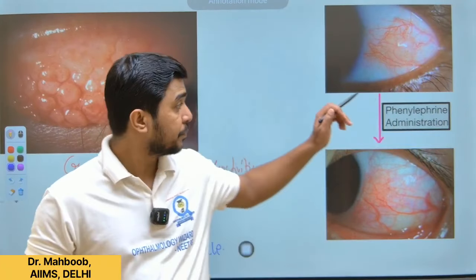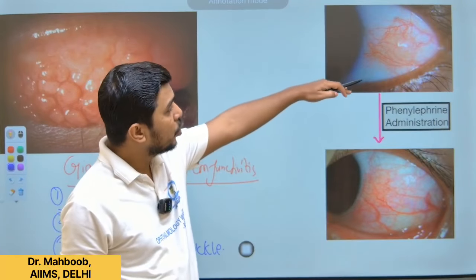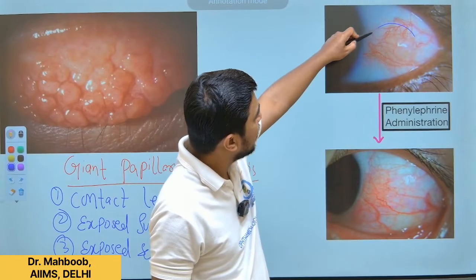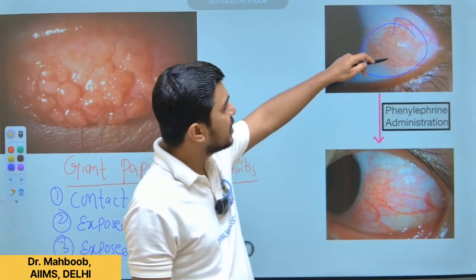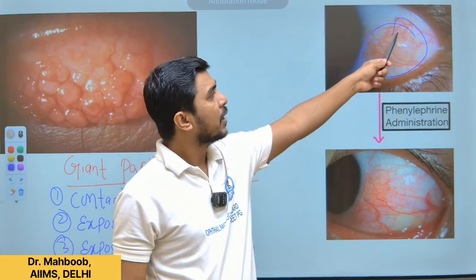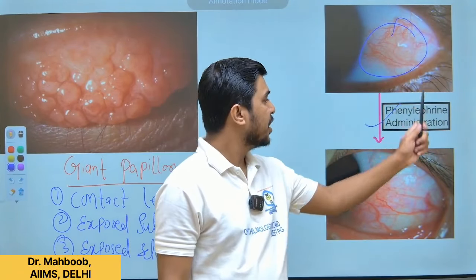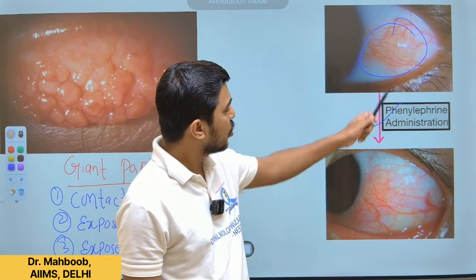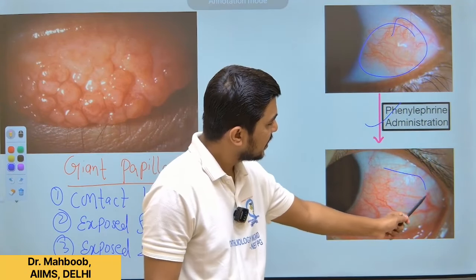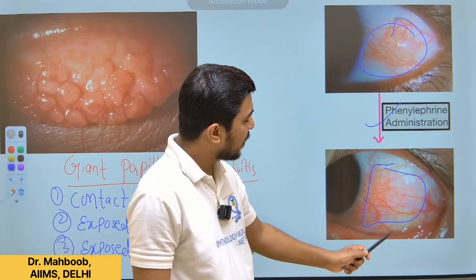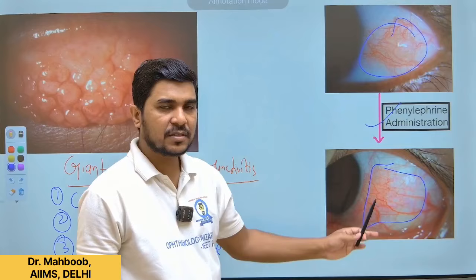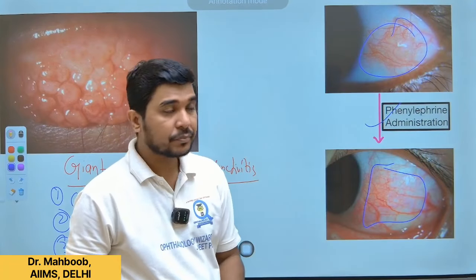Coming to this, I'm telling you that this is a nodular lesion with engorged blood vessels. Phenylephrine is administered, and this engorgement becomes like this. It means the nodular lesion disappears, it has resolved more or less.